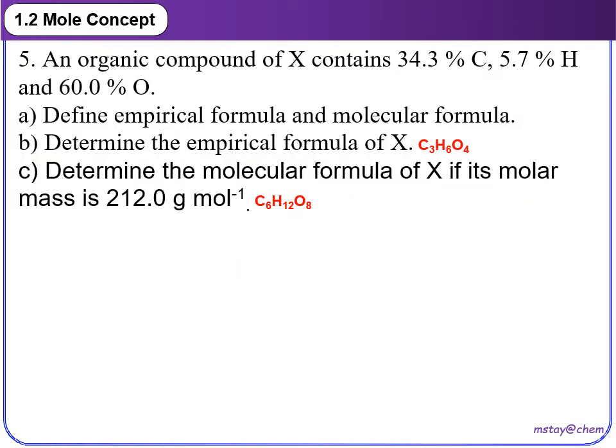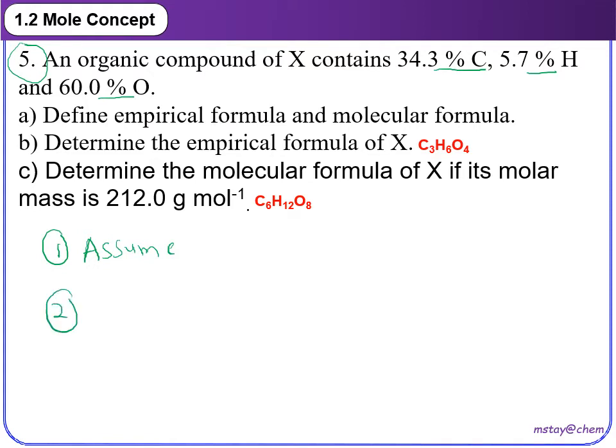By using the example that we discussed just now, it's your turn to answer tutorial question number 5. When we go through the question, again we look at the information given. The mass is given in terms of percentage, so first you have to make the assumption.